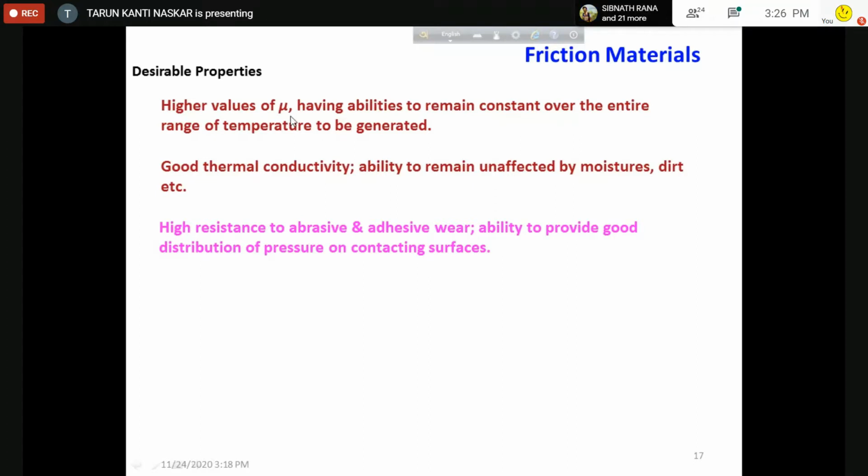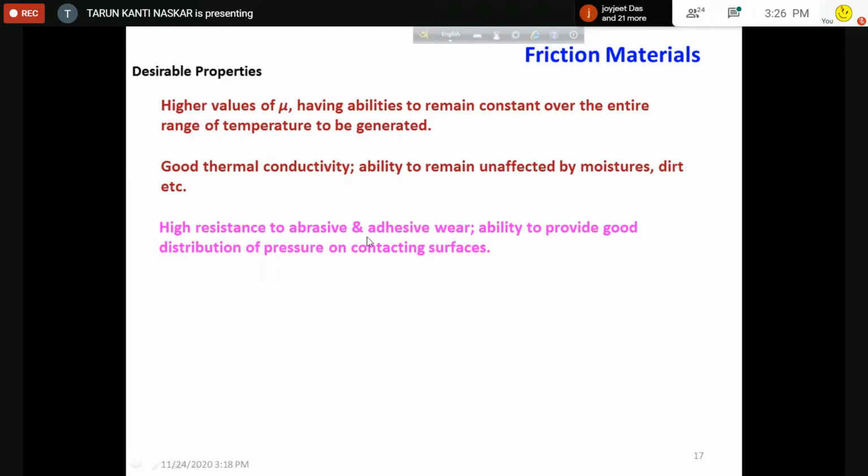This is a requirement from the mu. There should be good thermal conductivity for the friction material. Ability to remain unaffected by moisture, dirt, etc. When you are using it in automobiles, there is moisture, there is dirt, etc. In this situation, it should remain unaffected. Okay, so these are the desirable properties.